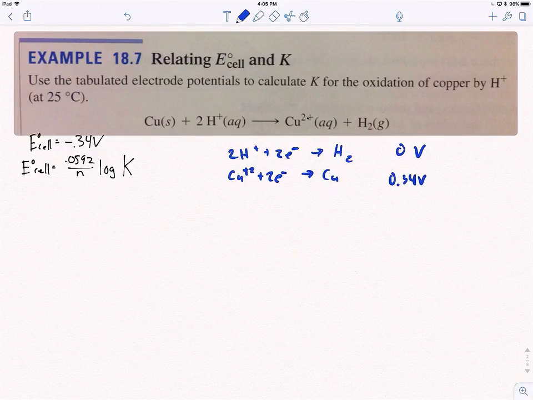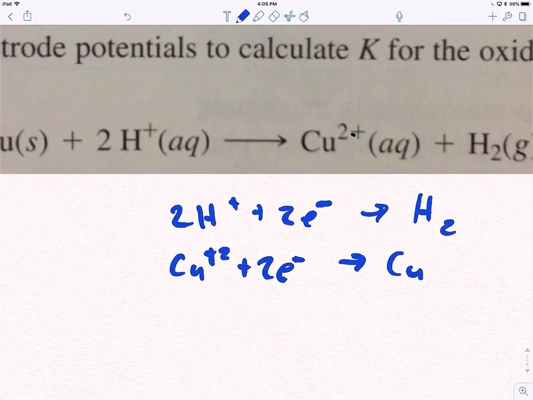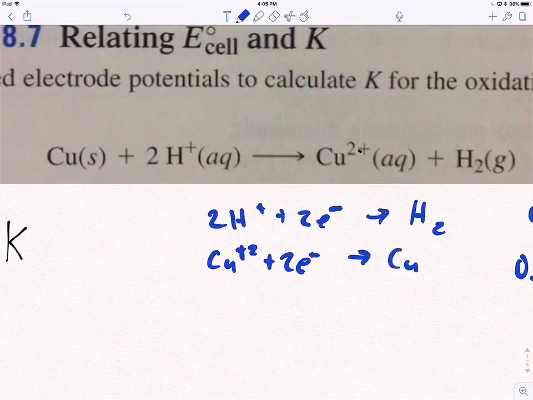Okay, so our E0 cell. Hydrogen is going exactly as written. Copper, though, is going the other way, right? It's going copper to copper plus 2, not this way.